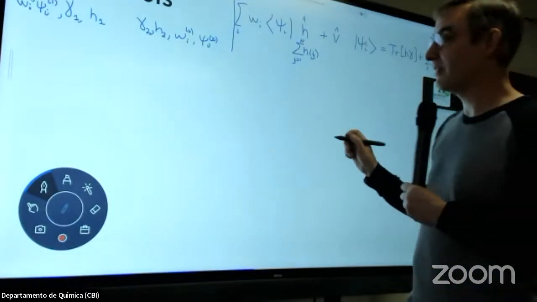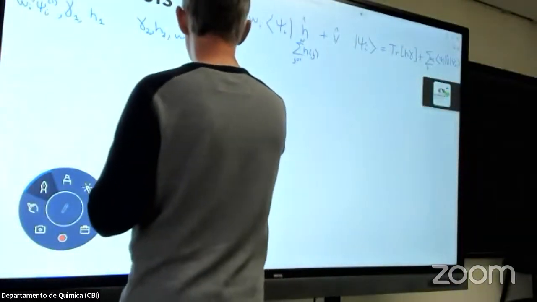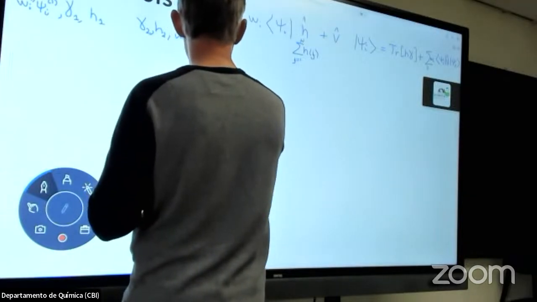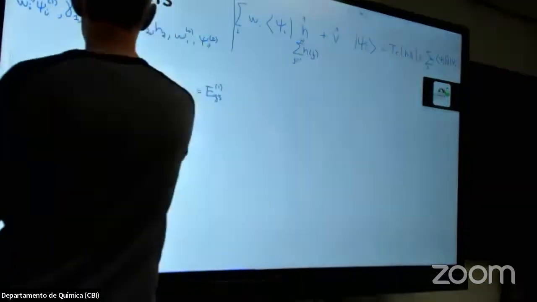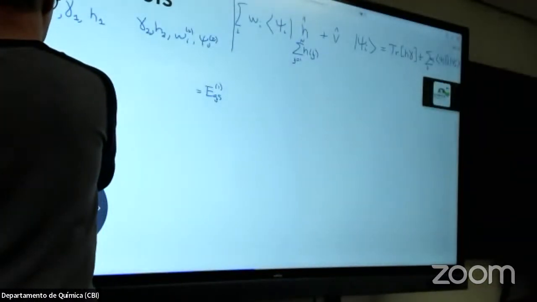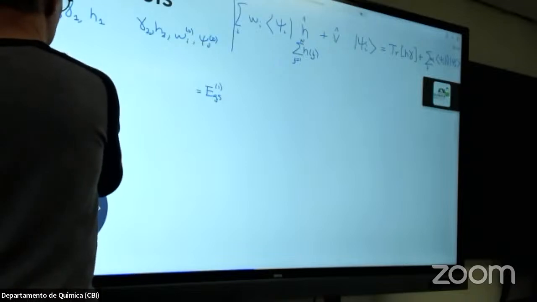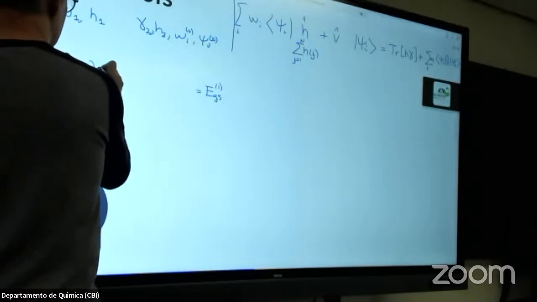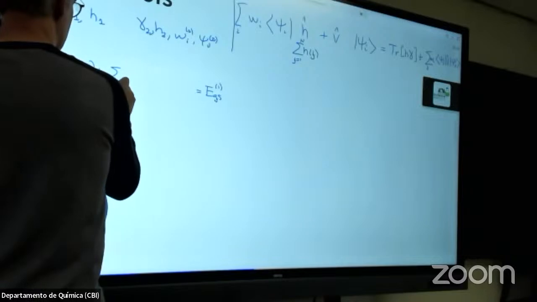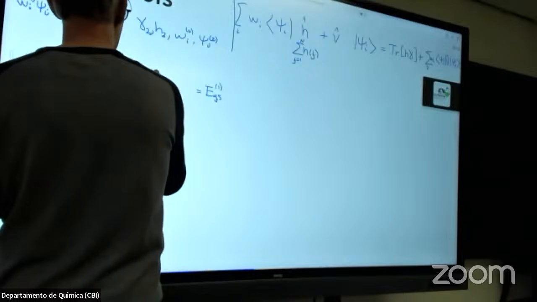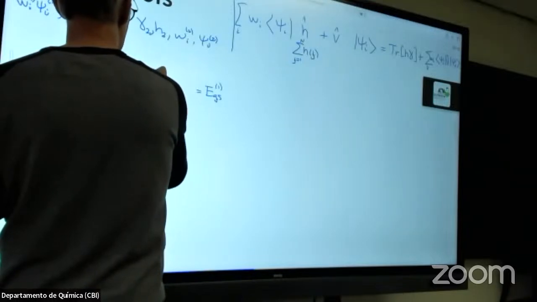So I know that the ground state energy of system 1 has the expression trace of H1 gamma 1 plus the sum over I, WI 1, psi I 1.